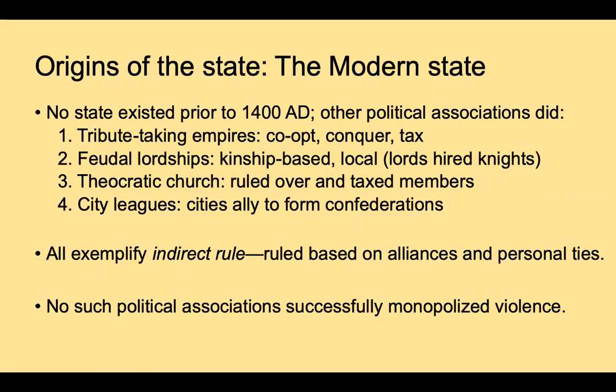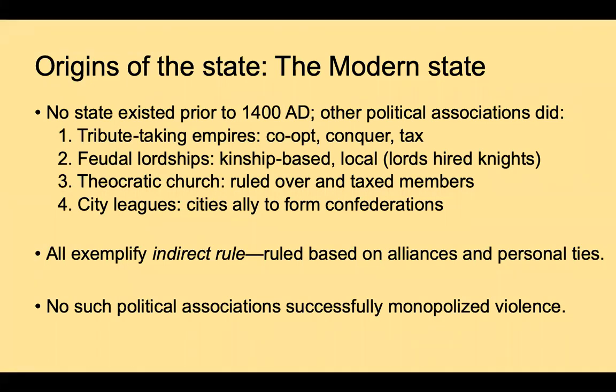This sometimes got awkward because knights would work for multiple lords at once, and so there would be conflicts of interest between the different knights. There was also the theocratic church, which ruled over and taxed its members in a kind of similar way that tribute-taking empires did. And then there were city leagues that were based on cities allying to form confederations to defend themselves and to group together to promote their interests.